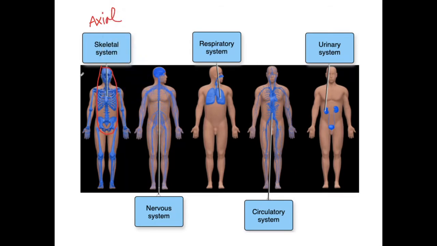And then we'll talk about the upper extremity, the arms all the way down to the hands. And then we will talk about the femur and the thigh all the way down to the foot. That is referred to as the appendicular skeleton, or the appendages.